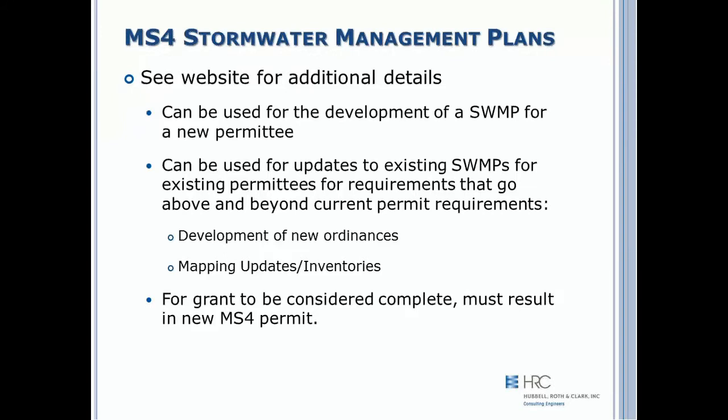For existing permittees, it can be used for updates to their permit that go above and beyond the current requirements, such as development of new ordinances, mapping updates, inventories, and anything else that are not currently required but may be required in the future. And in order for the grant to be considered complete, it must result in a new MS4 permit.